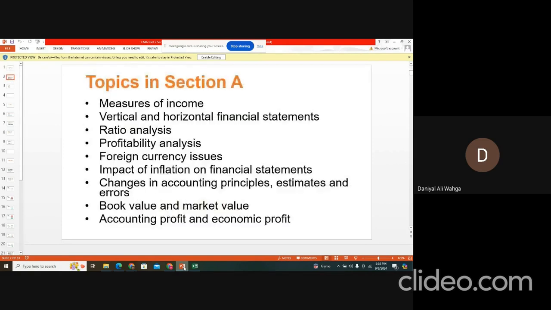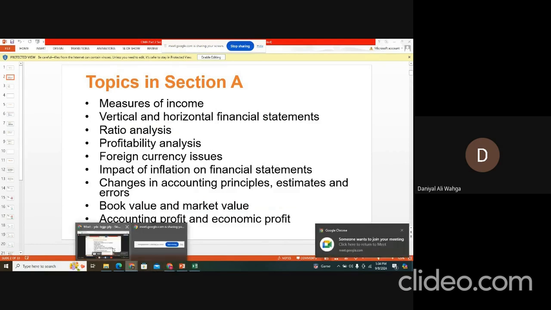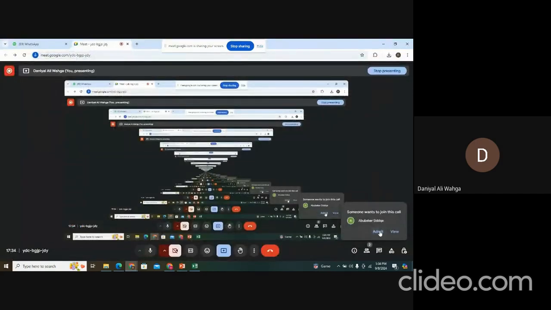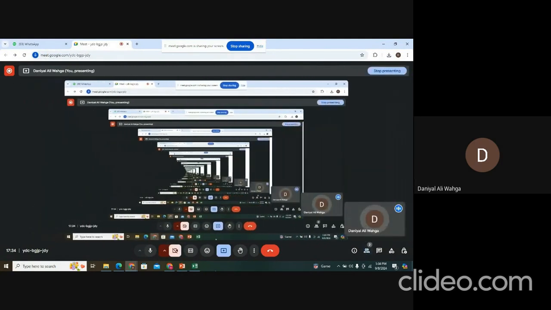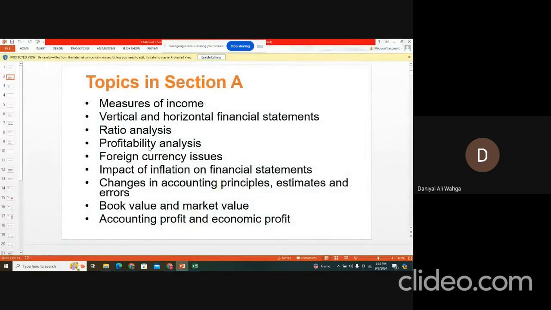If we look forward, you have some topics that are mandatory parts of your Section A. You have income, how you measure the income, how incomes are related. That means your financials. Then you look toward vertical analysis and then horizontal analysis. How are these going to relate?